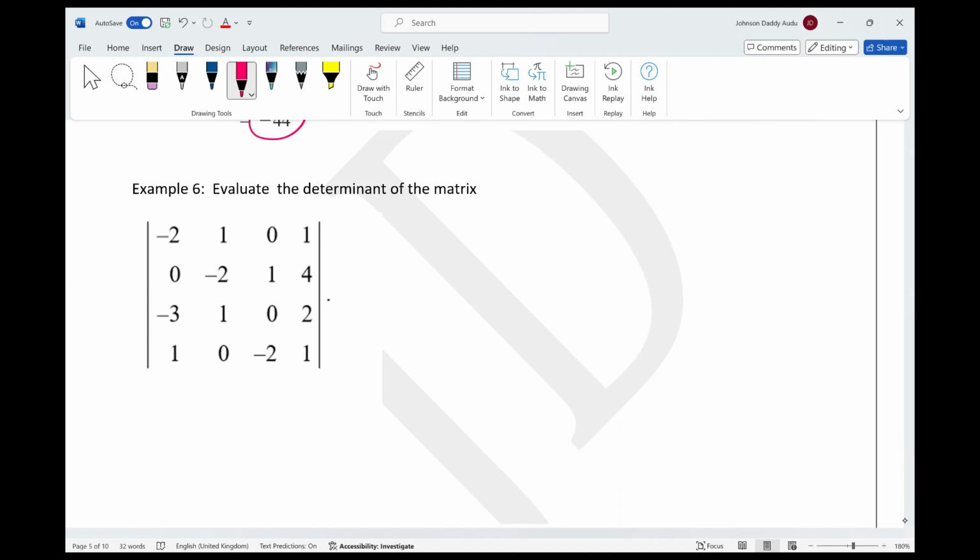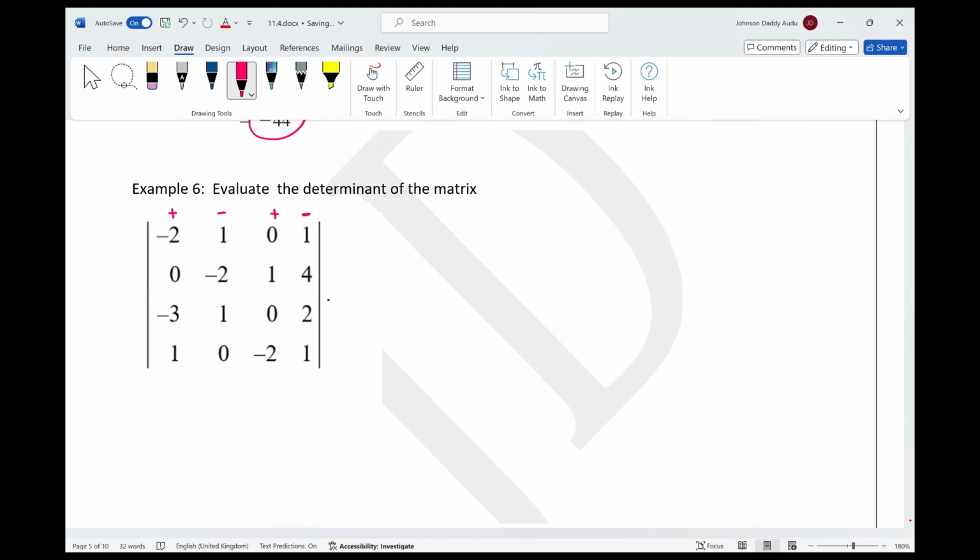In terms of position, we know that this is going to be what? This is going to be positive. This is going to be negative. This is positive. This is negative, right? Why is this negative? Because this is first row and fourth column.